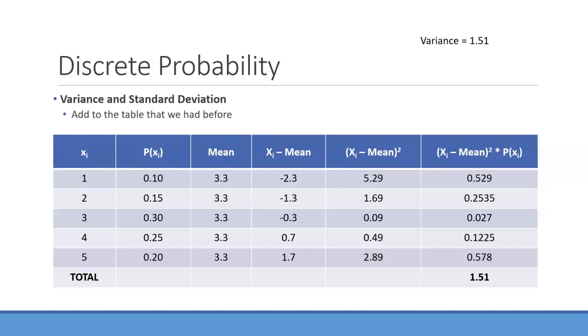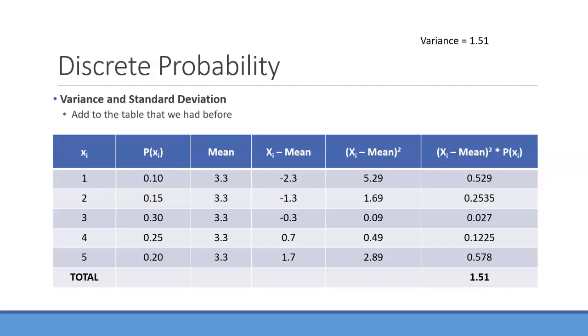Then we squared it. Then we multiplied it by our probabilities, and then we added them together. So this allows us to work through this in a step-by-step process to be able to find our variance.